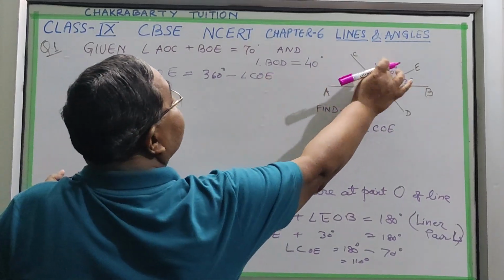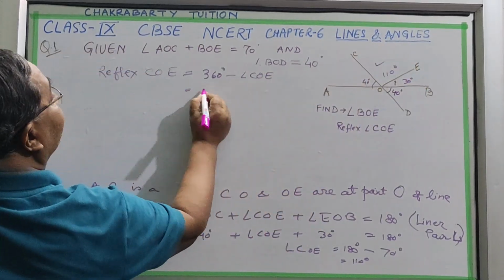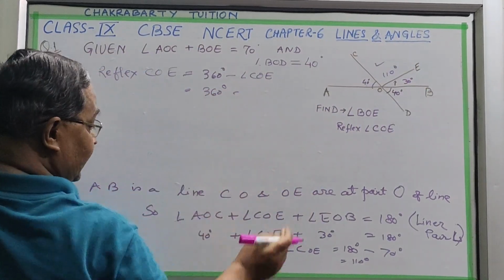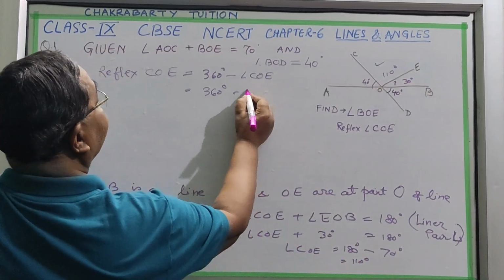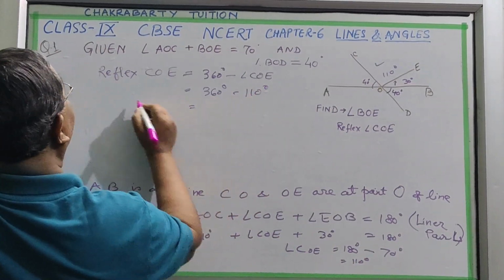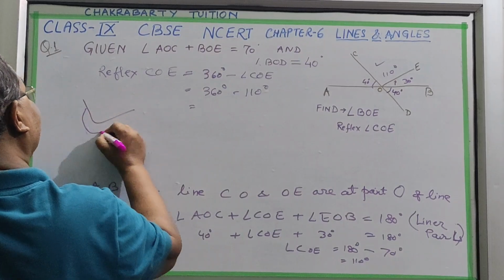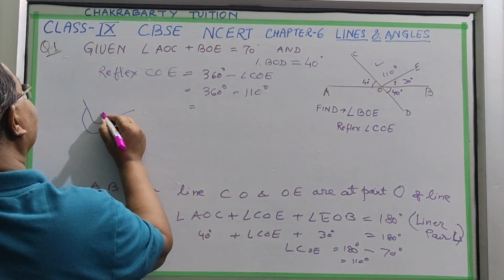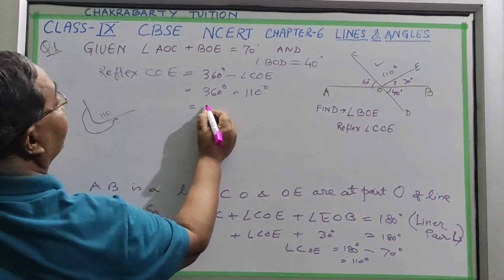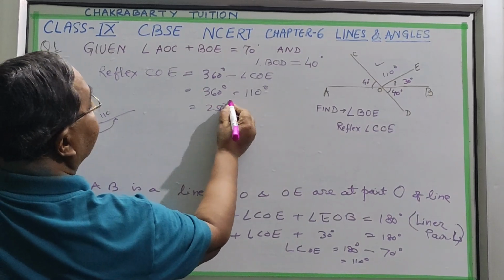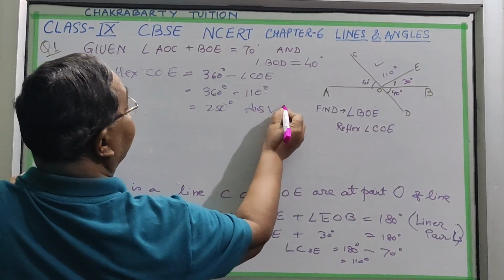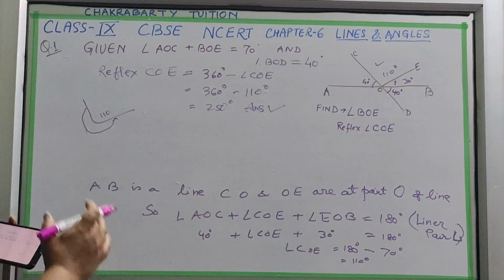Angle COE means this inner angle, which we found to be 110 degrees. Reflex means the outer side. Inner is X, so the outer side will be equal to 250 degrees. This is your answer number 2.